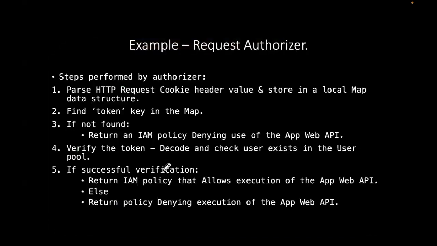The actual authorizer, these are the steps that it performs. First of all, it takes the HTTP request cookie header, the value that's assigned to the HTTP request cookie header.